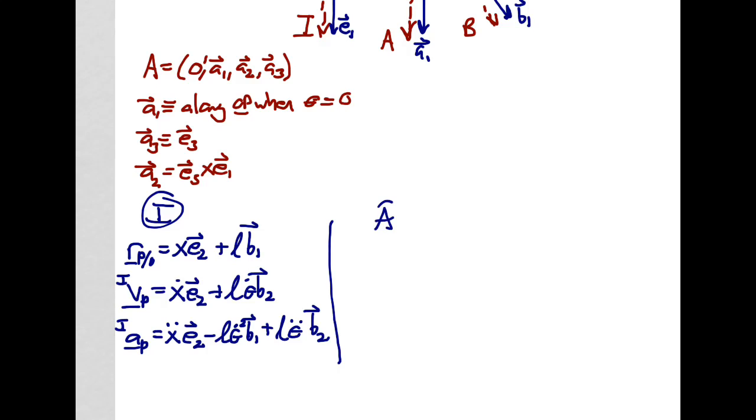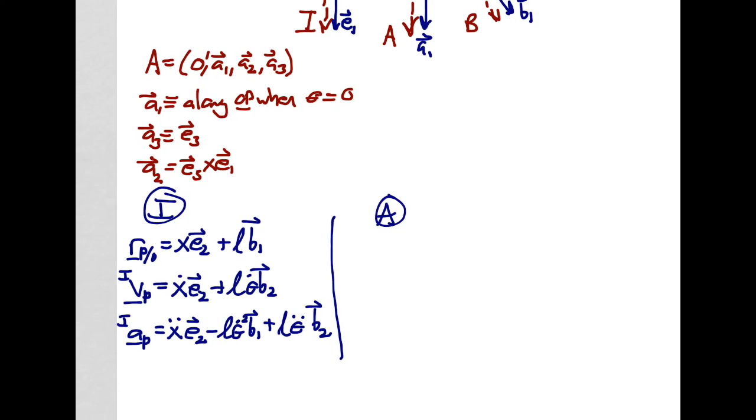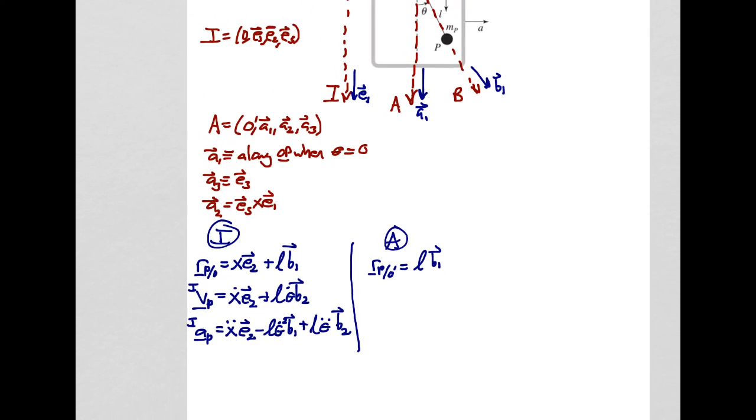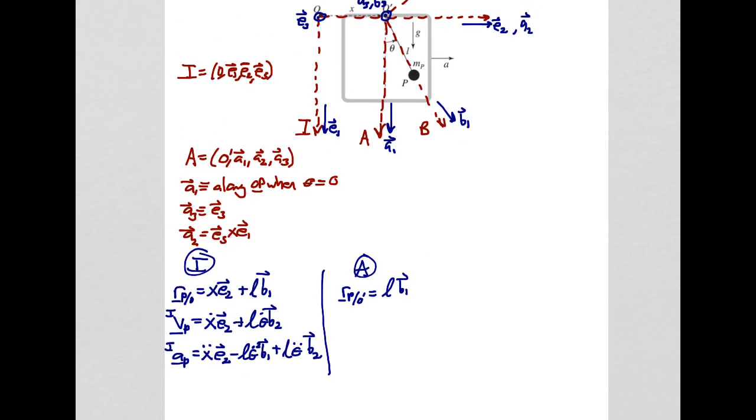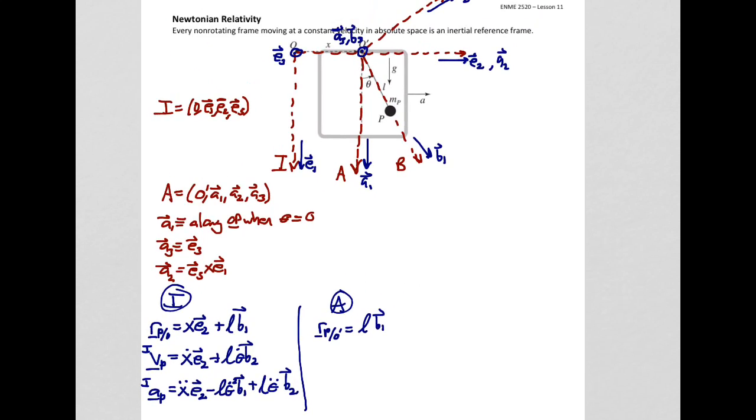Alright, in reference frame A, if we make these same calculations, it's r, and it's P with respect to O prime, because O prime is fixed within reference frame A, and that's L in the B1 direction. Okay, so you can see that here. It's the length L in the B1 direction.